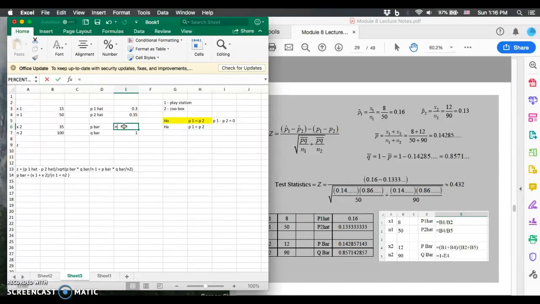So back to the formula, I'm going to use x1 plus x2 divided by n1 plus n2. Let's just make it nicer. I want it to have fewer decimals.